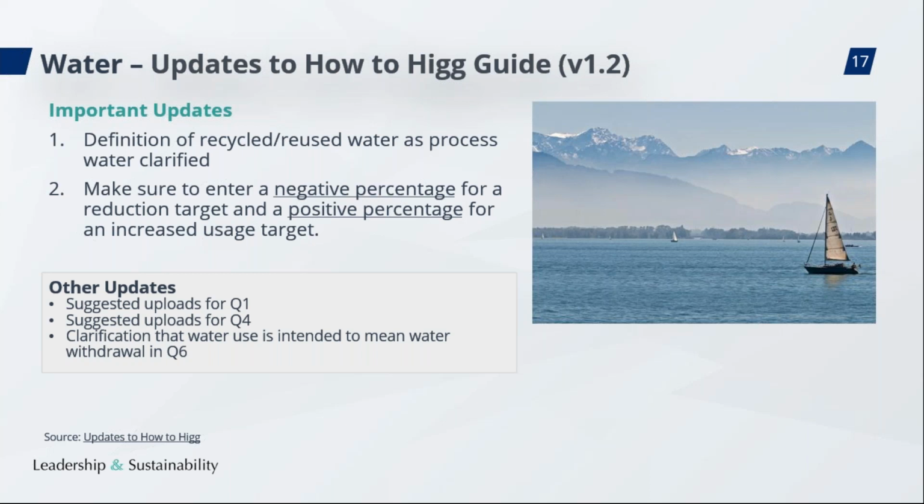And do not forget to make sure to enter a negative percentage on Higg for a reduction target and a positive percentage for an increased usage target. And another update: suggested uploads for questions 1 and 4. Also, there is clarification that water use is intended to mean water withdrawal in question 6.